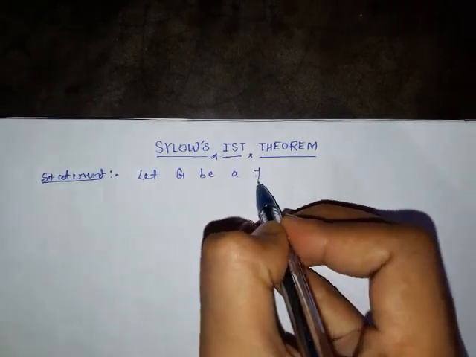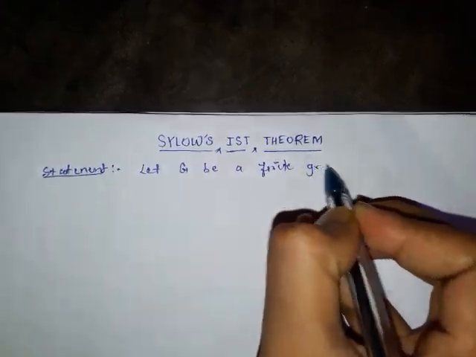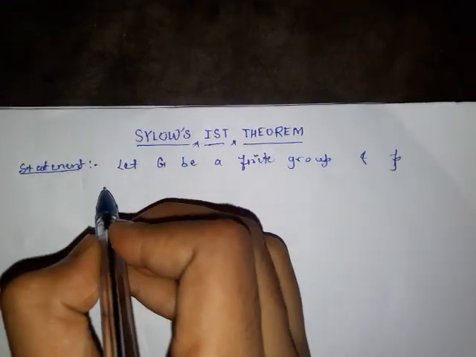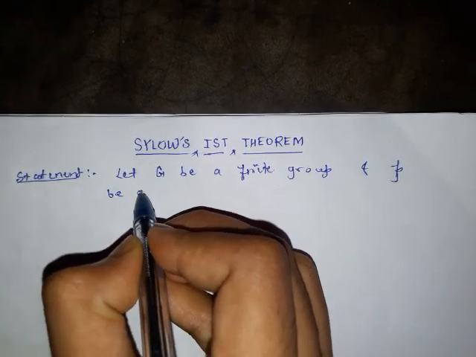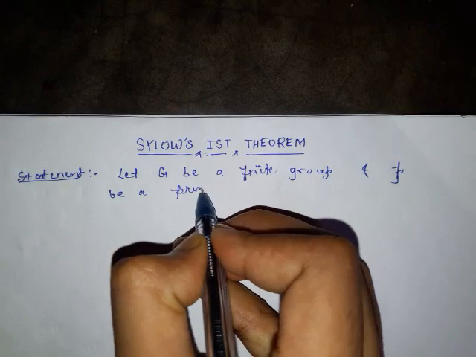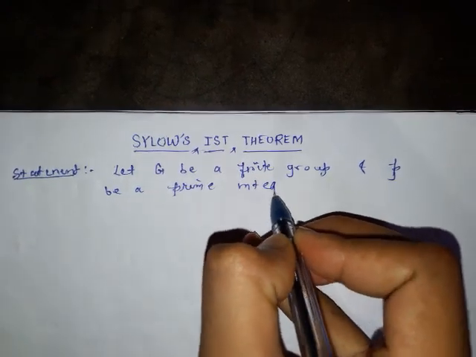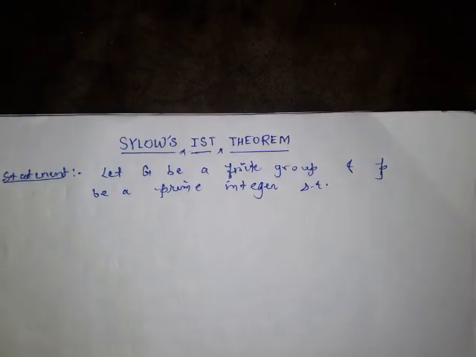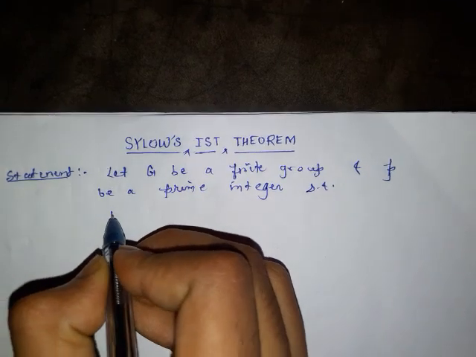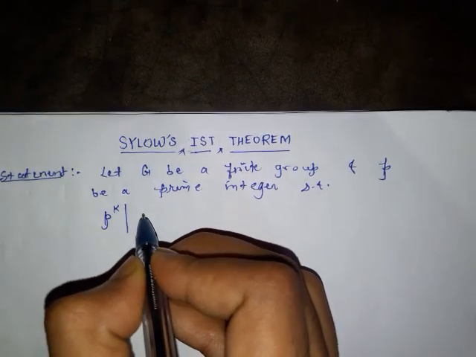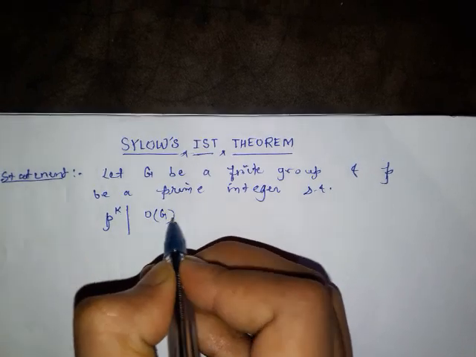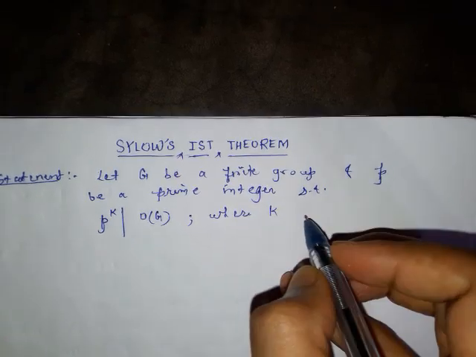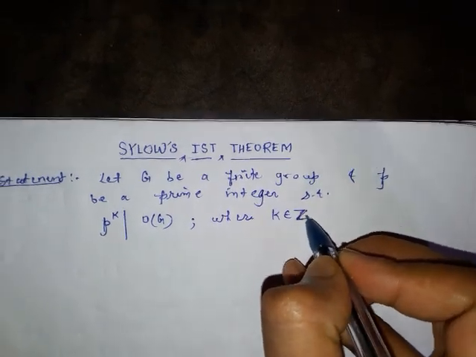Let G be a finite group and small p be a prime integer such that p raised to the power k divides the order of the group G, where k is any integer.